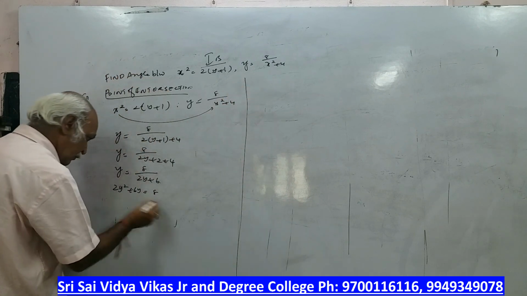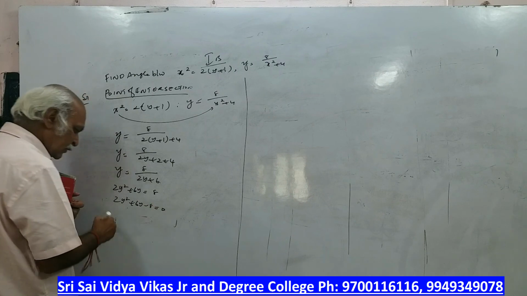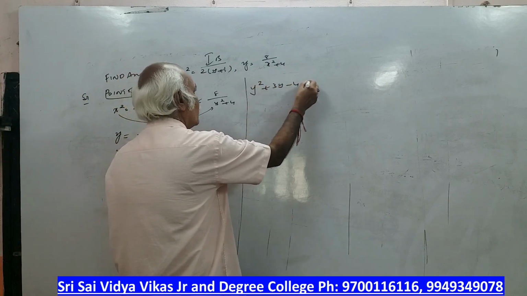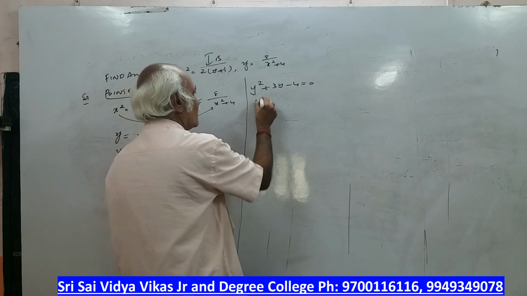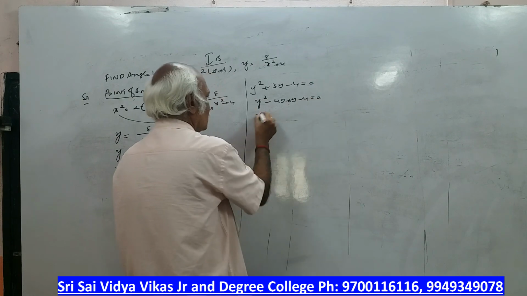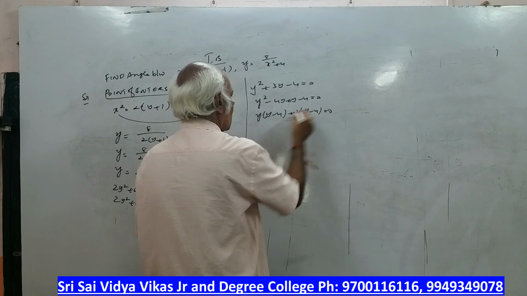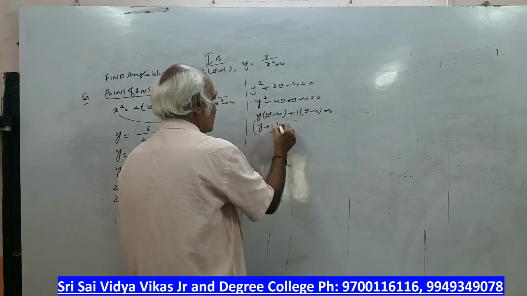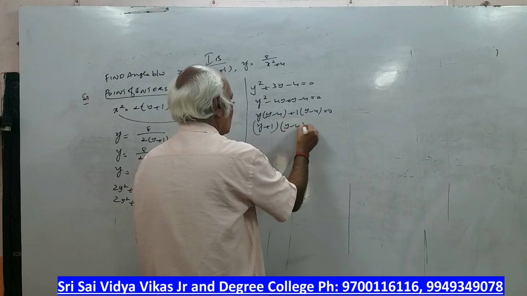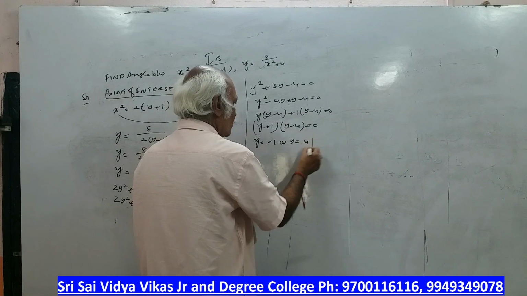Right? So 2y square plus 6y minus 8 is equal to 0. Cancel with 2: y square plus 3y minus 4 is equal to 0. Factorization: y plus 4 into y minus 1 is equal to 0.